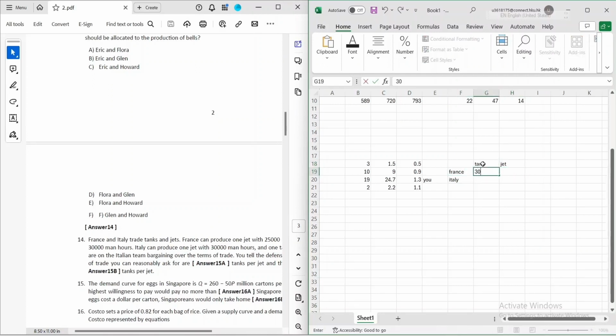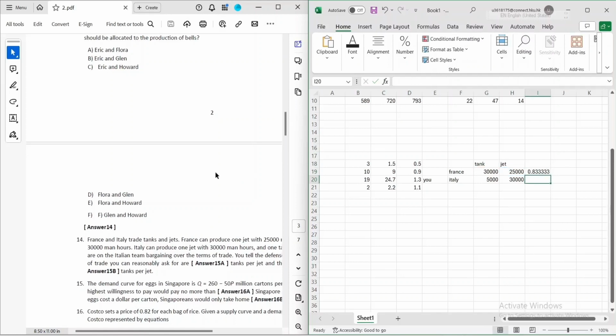So this value is 30,000 and this is 25,000. This is 5,000 and this is 30,000. Okay, so now my question is, what is the opportunity cost of producing jet? So this should be this divided by this, right?